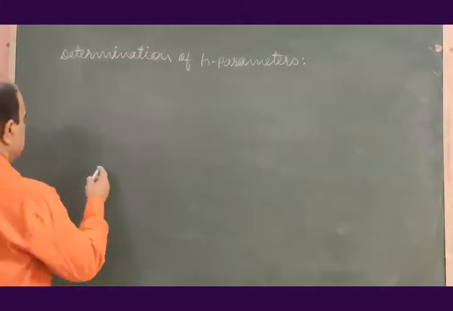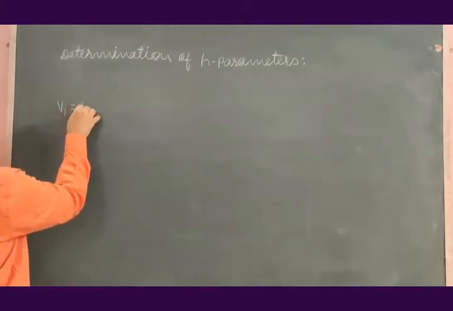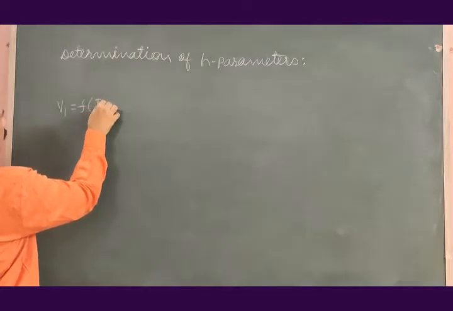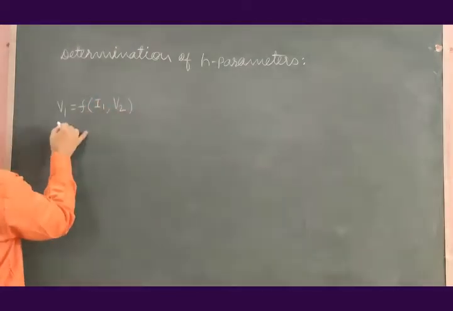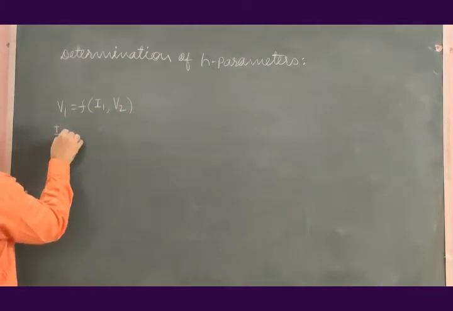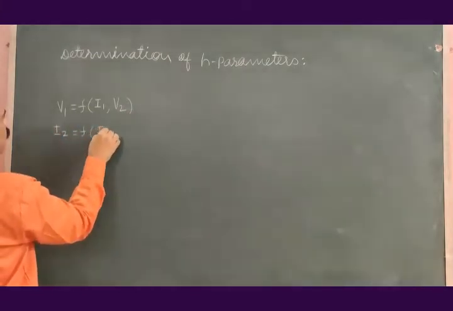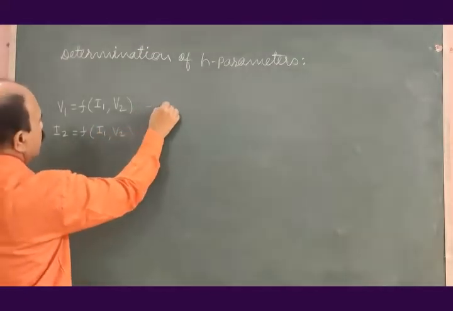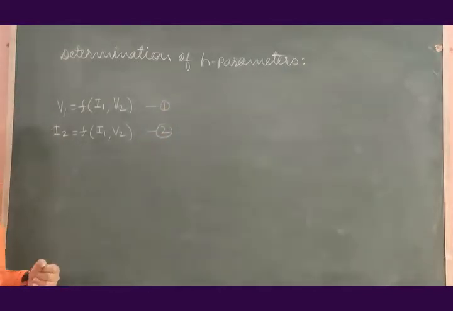Let us consider input voltage V1 as some function of current I1 and voltage V2. Similarly, output current I2 is some function of current I1 and voltage V2. Equation number 1, equation number 2.